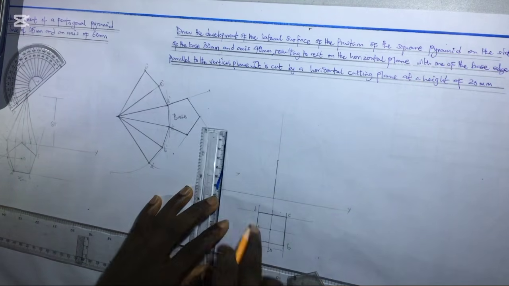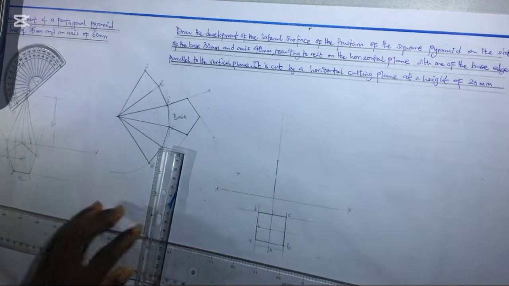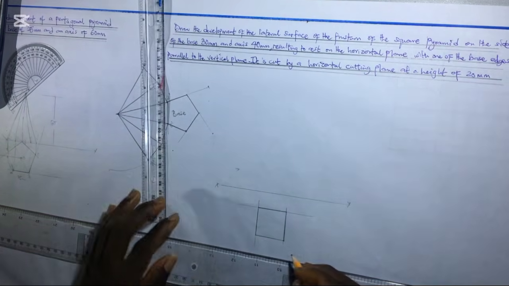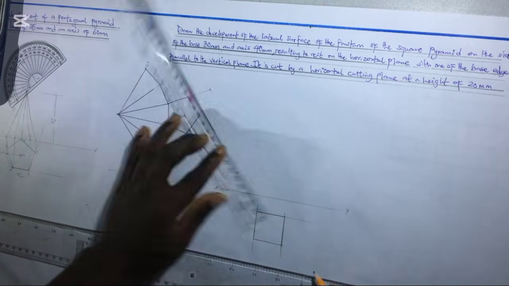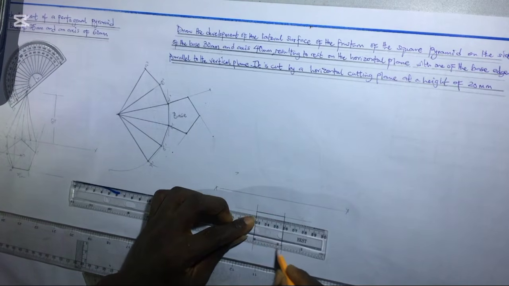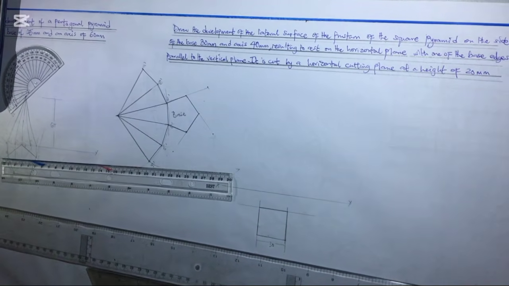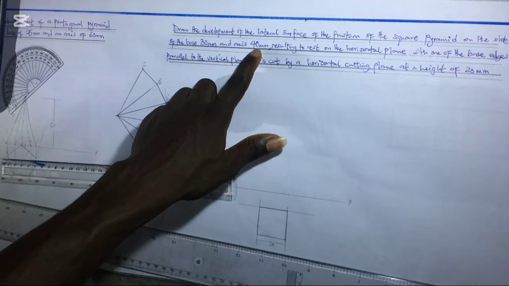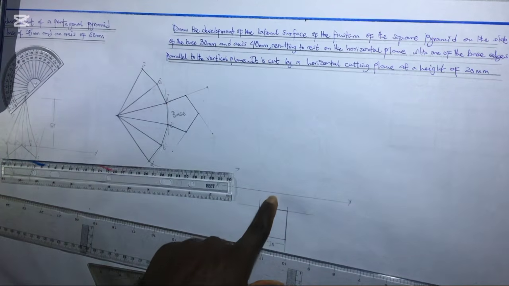Now you are projecting all the edges upward, just like the way we did for the pentagon. Yes, now I can dimension it. Roughly, this is 30. Now it has an axis of 40 millimeter, from above the XY line.